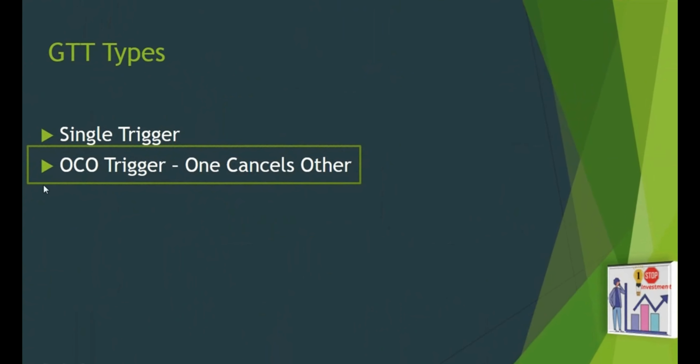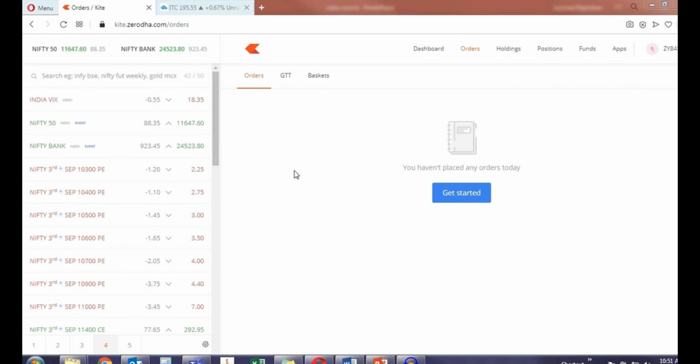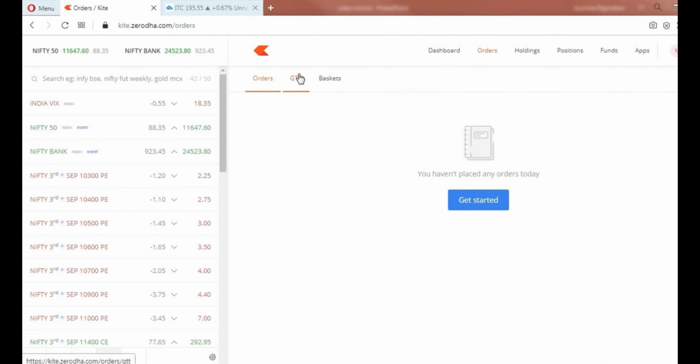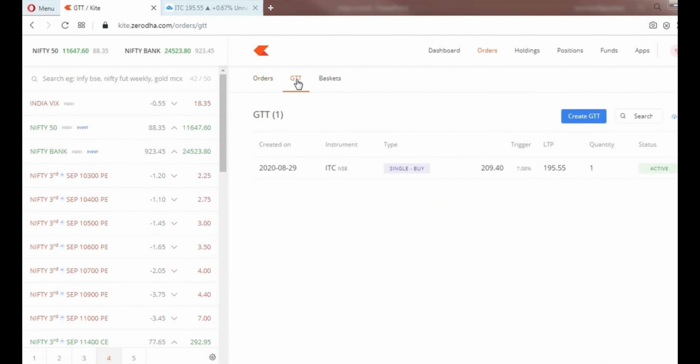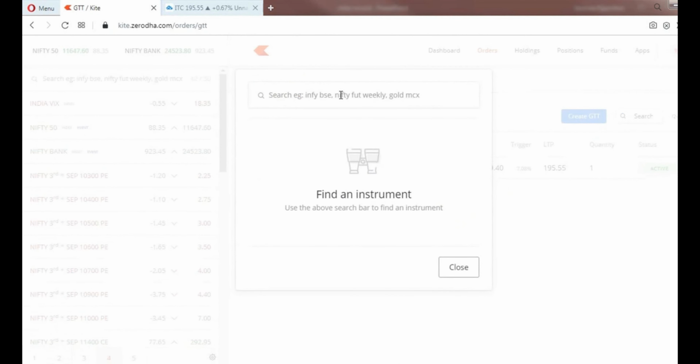Now we will see the other type of GTT, that is OCO, one cancels the other. Now go to the GTT tab and click the Create GTT button again.